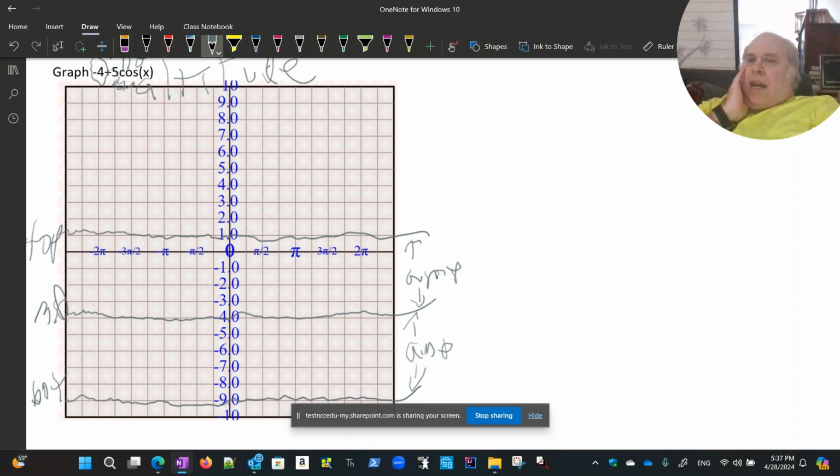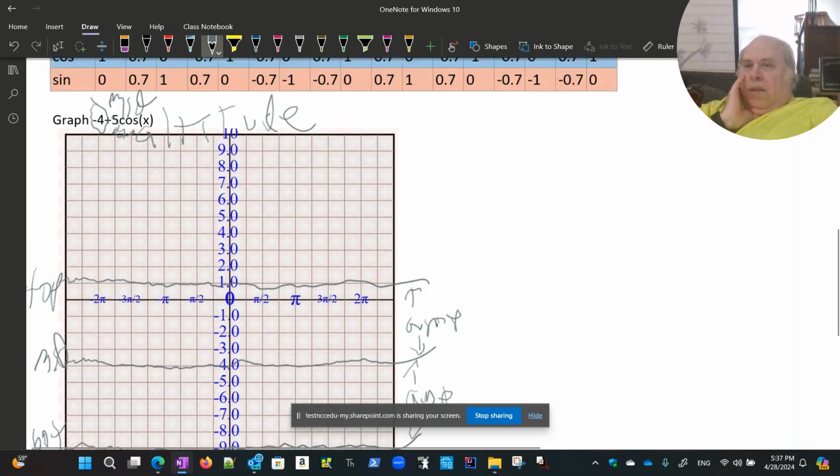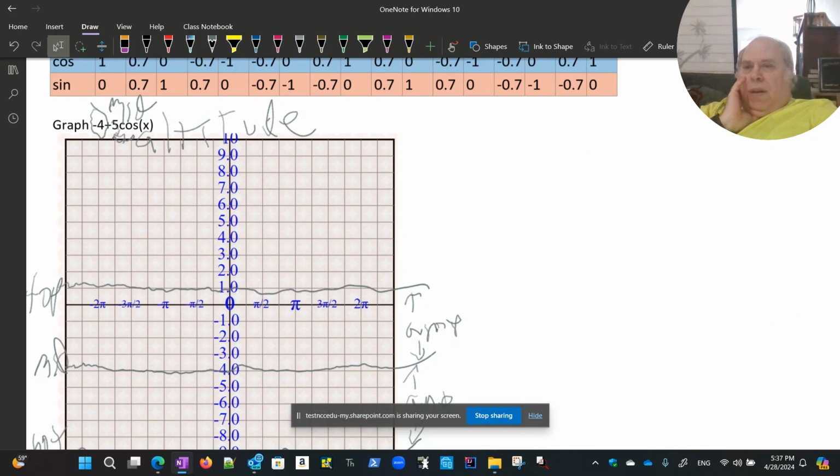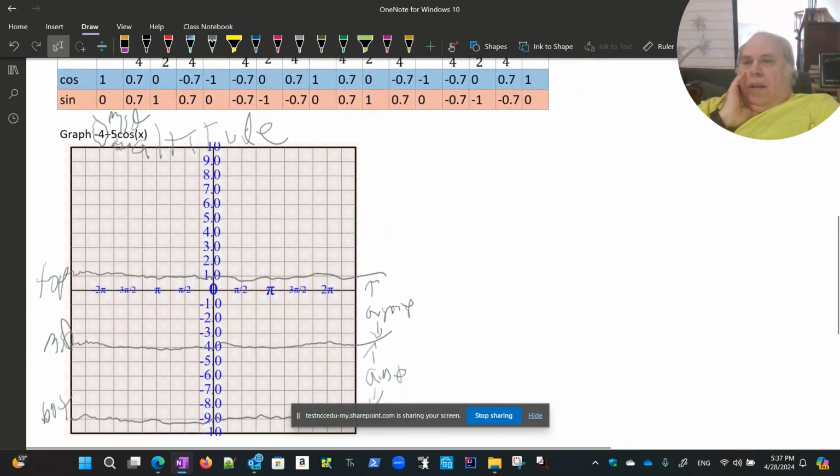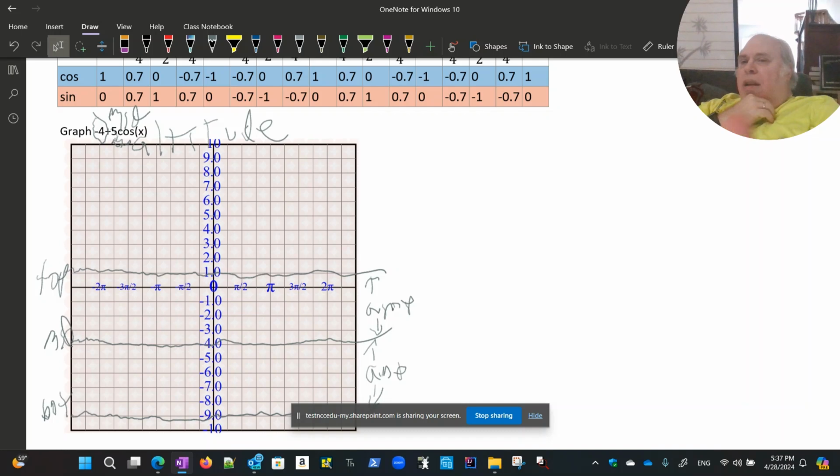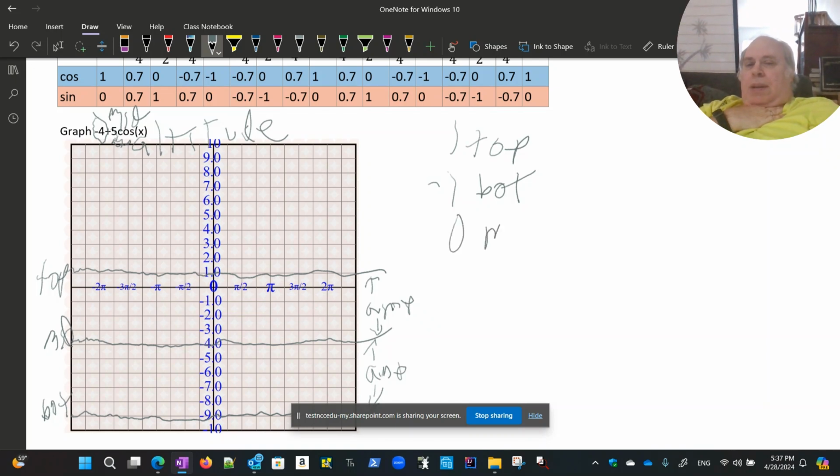Now, this is a cosine curve. So we have the cosine curve, and 1 is going to represent the top. So 1 is the top, -1 is the bottom, and 0 is the mid. So what is the 0.7?